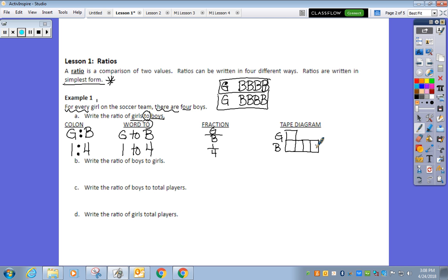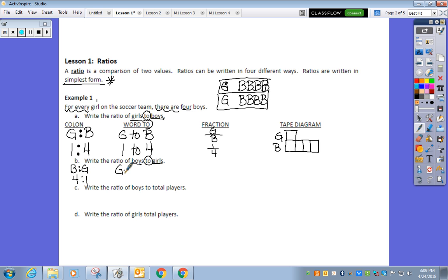So if I want to do a different ratio with this same idea here, the next one's asking me to write the ratio of boys to girls. So now the order has switched, which means our numbers are going to switch. If I'm going to write it with a colon, it's now boys to girls. So this would be 4 to 1.